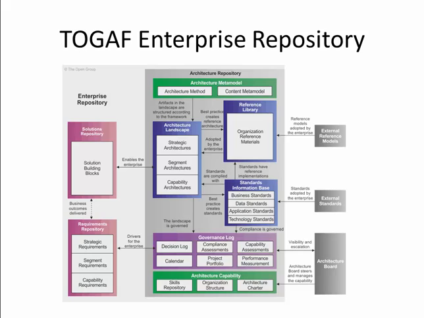The TOGAF Enterprise Repository holds various things. It provides a reference library, it provides the architecture metamodel, it provides the architecture landscape, it provides any standards, which may be business standards, data standards, application standards, technology standards, and also keeps a log of the governance decisions and whether or not you're complying with certain requirements.